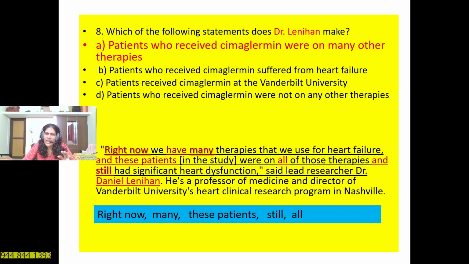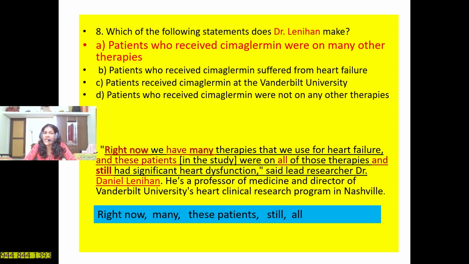Now, knowing this, read the question: which of the following statements did Dr. Lenihan make? You go for the options now. Patients who received semaglutide were on many other therapies. You just see here, right now we have many therapies that we use for heart failure. And these patients, who are the patients?